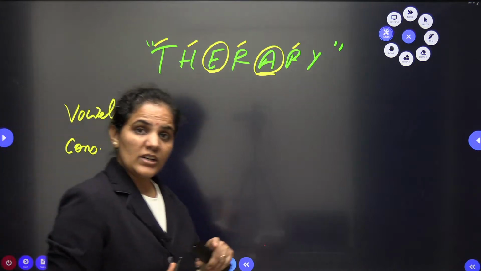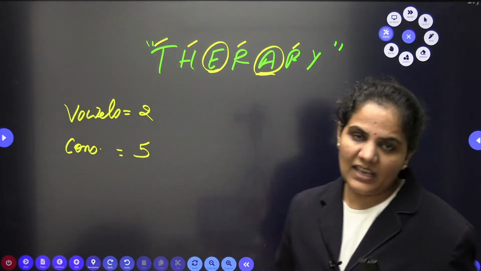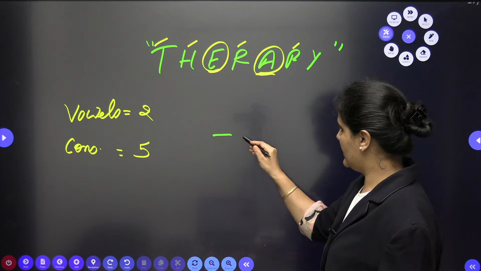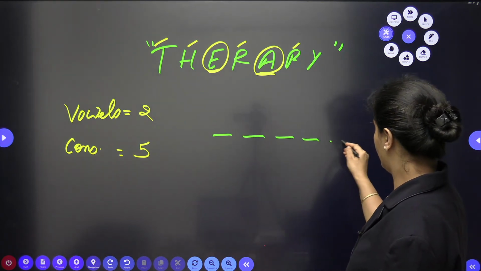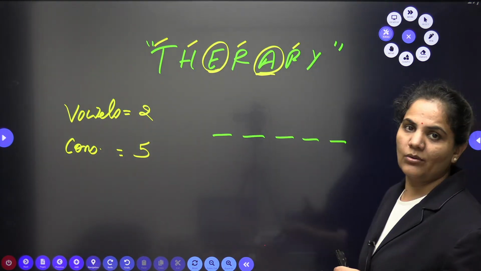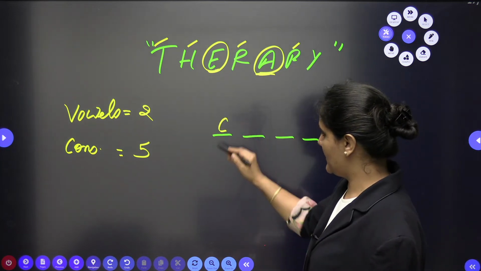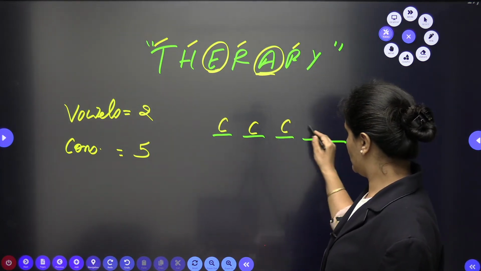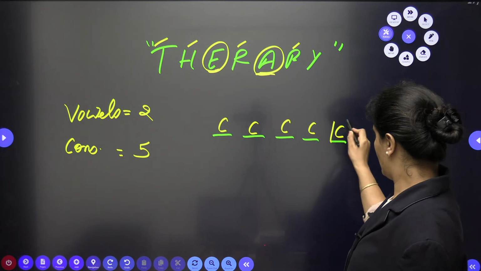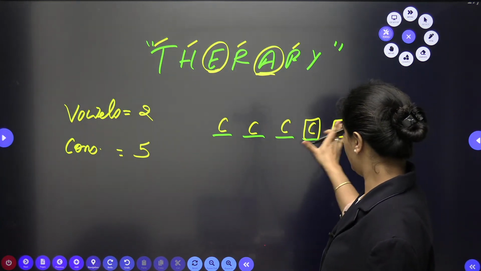You are saying that the two vowels never come together. So alright, I will just write down the consonants here. So this place will be consonant, consonant, consonant, consonant and consonant. So I am having 5 consonants.